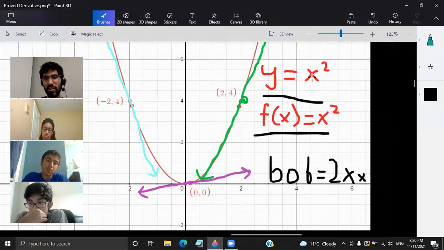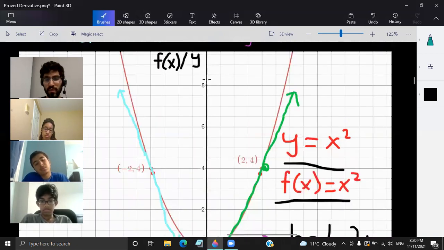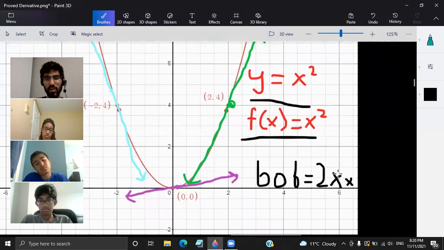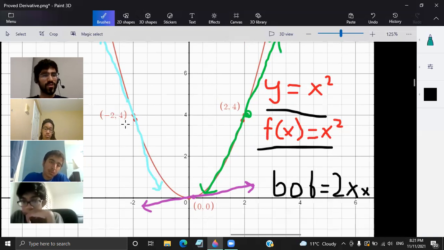So let's say here, I put in x equals 2, I get out 4. That's the value on this graph. Then for that derivative function, I would put in x equals 2, and I would get the rate of change at that point. That would be the slope of the tangent line at that point. Am I making sense or confusing? Let me know. Thumbs up, thumbs down.